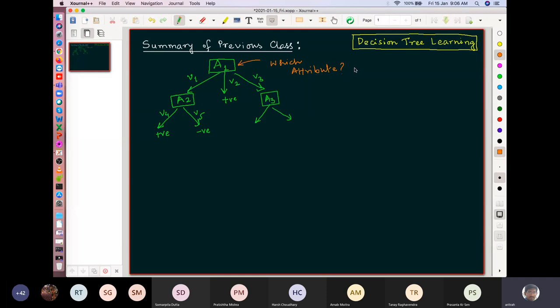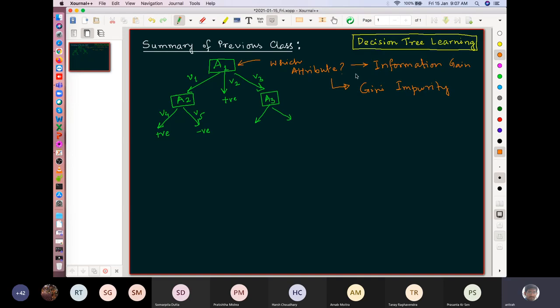In order to select which of the attributes, we introduced two kinds of measures. One is information gain, and the other measure that we introduced is something called Gini impurity, just to show you that we could use our own measures also to dictate this.